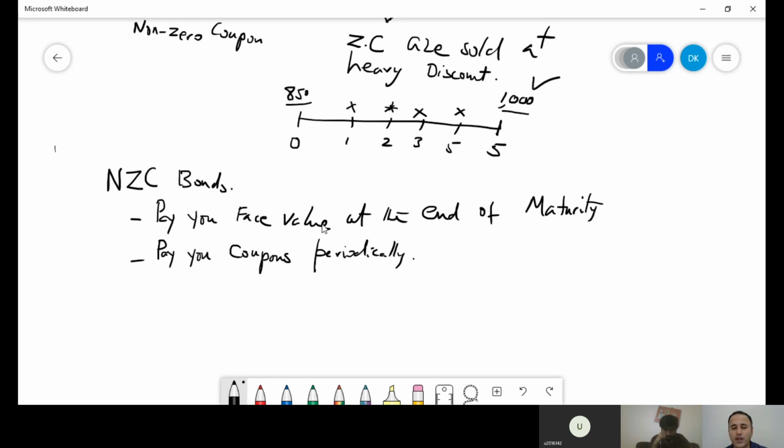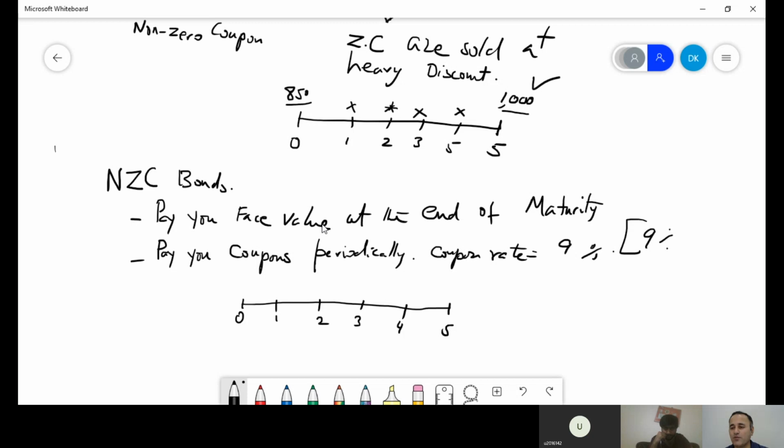It really depends. Okay, so let's say if you're buying a coupon, a non-zero coupon bond, and it has, let's say, 5 years maturity. So 1, 2, 3, 4, and 5. And let's say the coupon rate is, let's say 9%. Okay. So of course, at the end of each year, you get 9% of the face value. So 9% of the face value is how much?